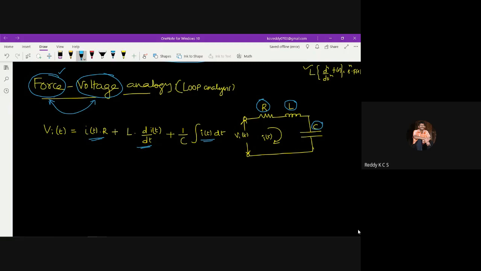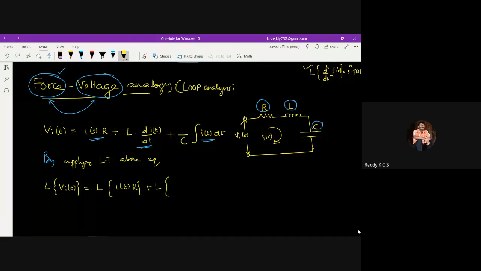Now, by applying the Laplace transformation to the above equation, we get the Laplace transformation of Vi of t equal to the Laplace transformation of I of t into R, plus the Laplace transformation of L, where L is the inductance here, d by dt of I of t.